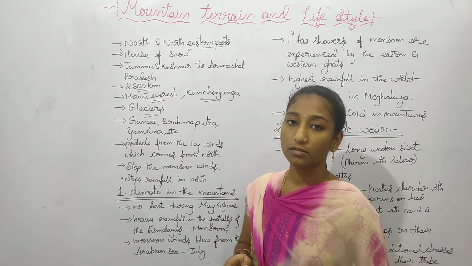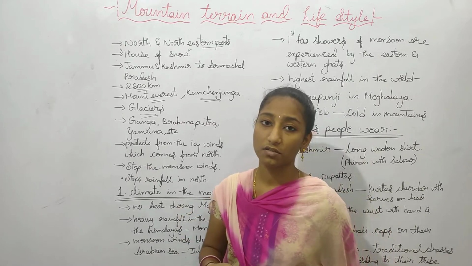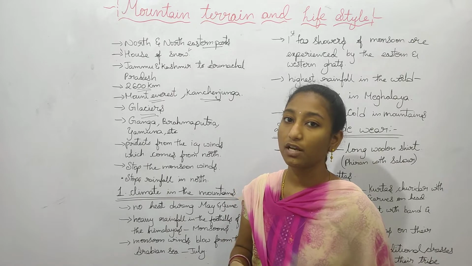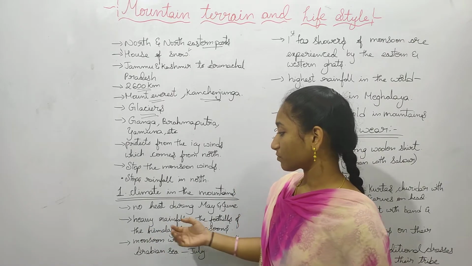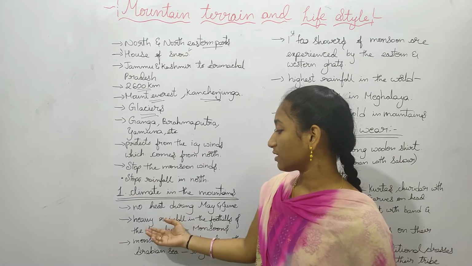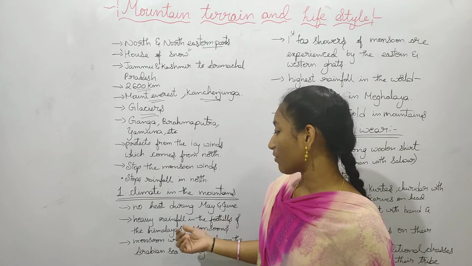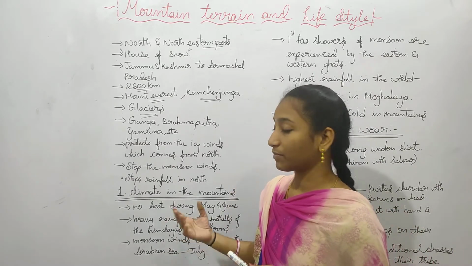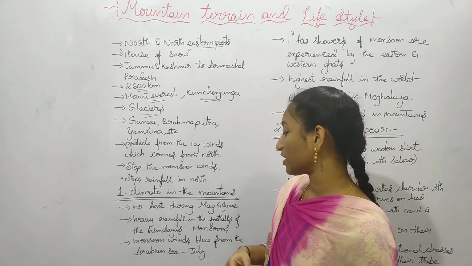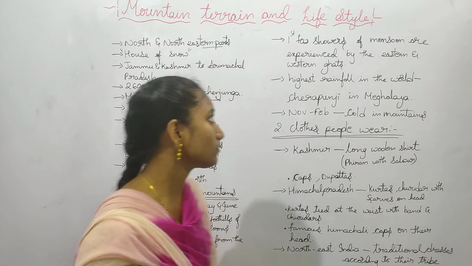There is a very cool climate in the Himalayas, so many tourists visit for the pleasant weather. There is also heavy rainfall during the monsoon months in the foothills of the Himalayas, and monsoon winds blow from the Arabian Sea in the month of July.